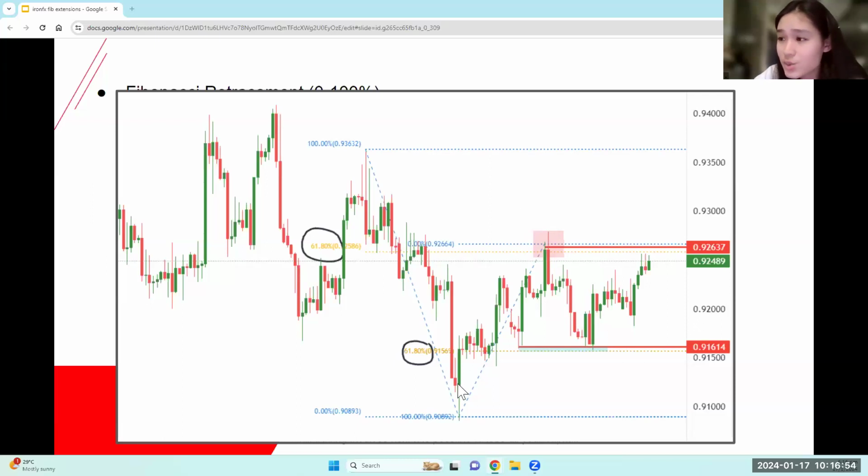Next we have another retracement from the bottom to the top over here, and we have a 61.8% Fibonacci retracement again that lines up with the 0.91614 level. And for this level, we actually have it matching up with two swing lows. So this makes it a pretty significant level.